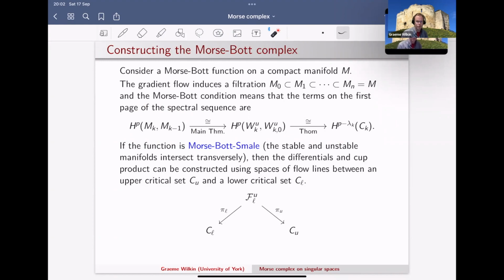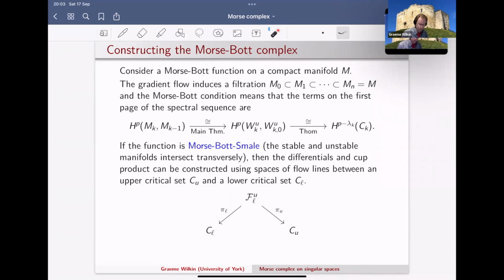So if we have a Morse–Bott–Smale function, in addition, we're assuming that the stable and unstable manifolds always intersect transversely. This is not always the case, as I'll show you in a few minutes. But in this nice setting, we can construct the differentials and the cup product on this Morse complex. And we can do that by understanding spaces of flow lines between the upper and the lower critical sets.